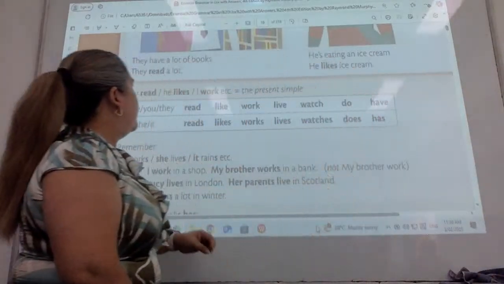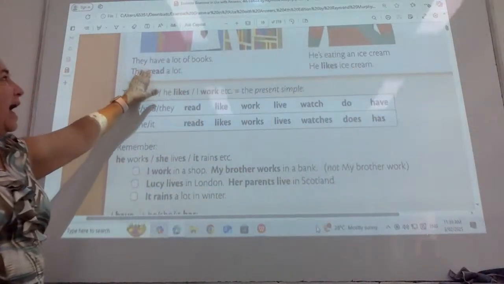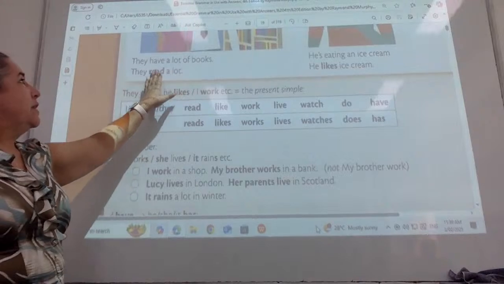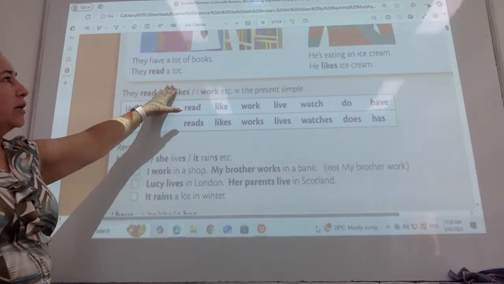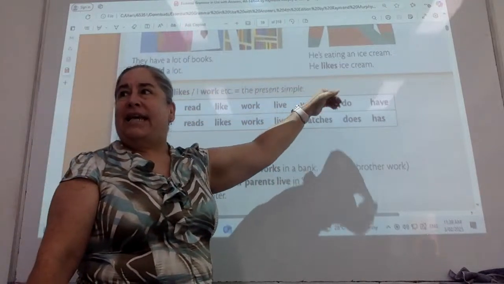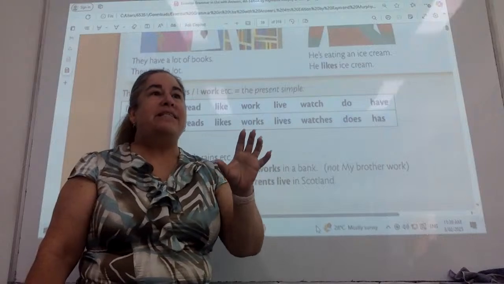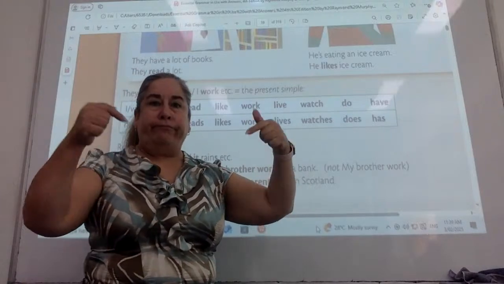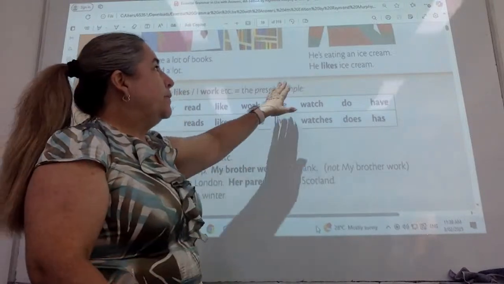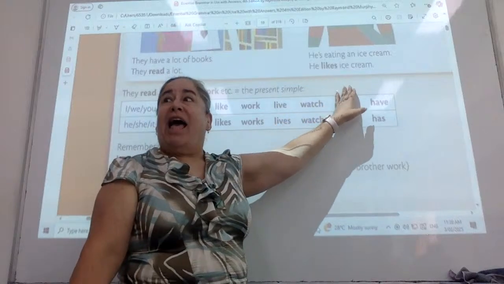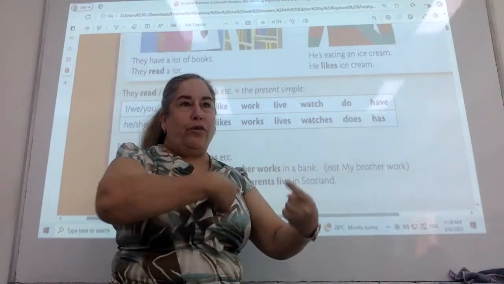Here we have: they have a lot of books. They read a lot. He's eating ice cream. This means he's eating ice cream at the moment. But he likes ice cream all the time.